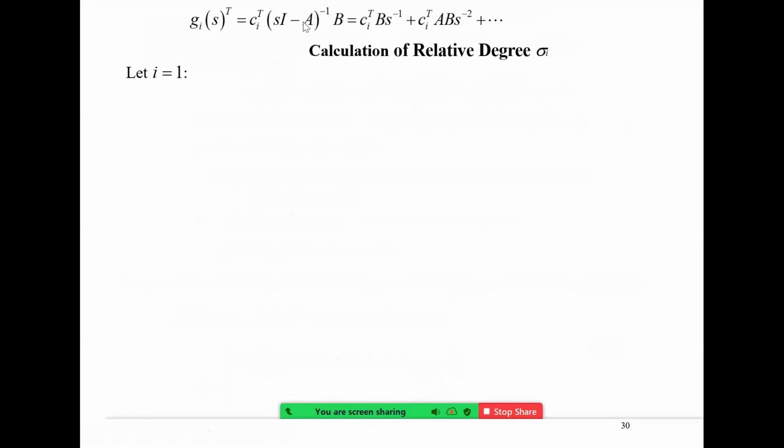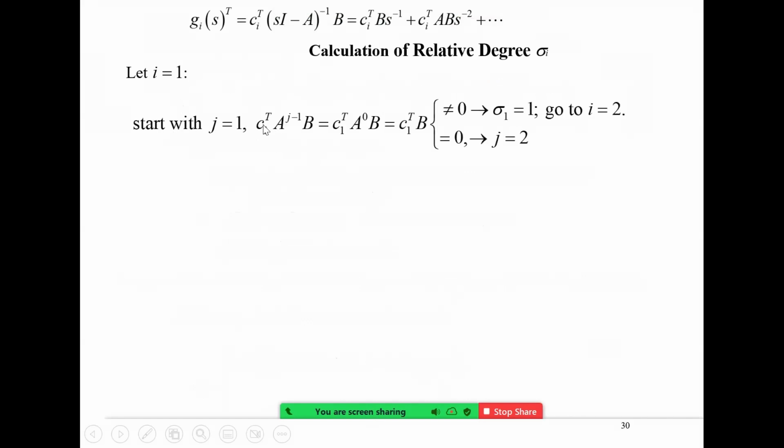Let's say you're looking at the ith row. For i equals 1, which means C equals C_1, you start with j equals 1, which corresponds to the first term. You compute C_1 times B and check whether it is 0. If it is not 0, then sigma equals 1, the relative degree equals 1.